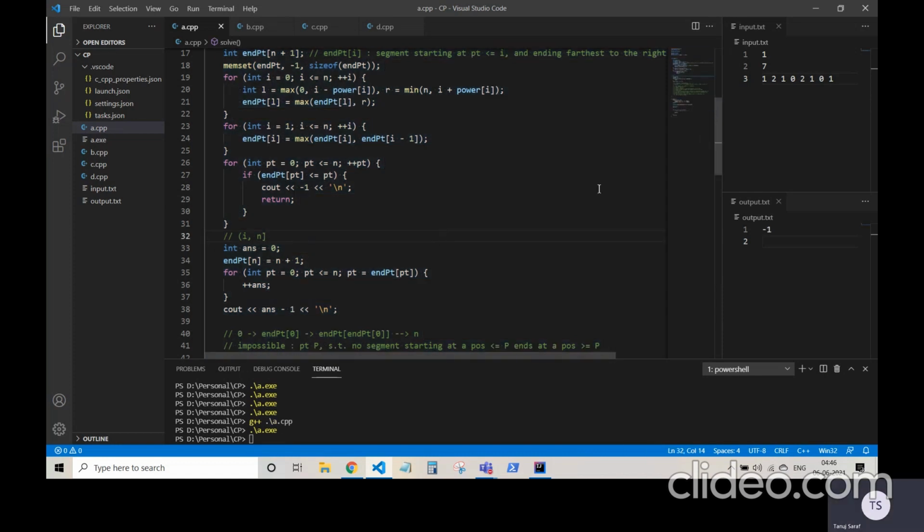I'm getting -1. That should not have happened. Okay, yeah, and because of this, then I need to change this as well, right?